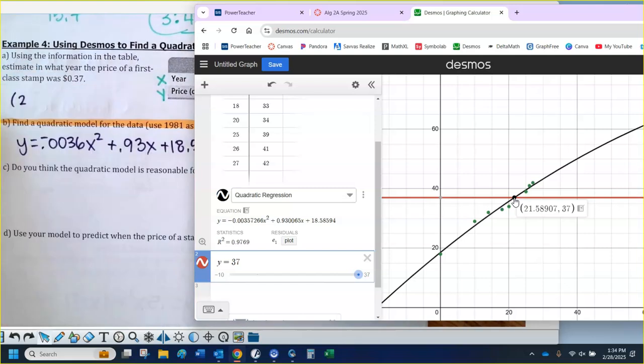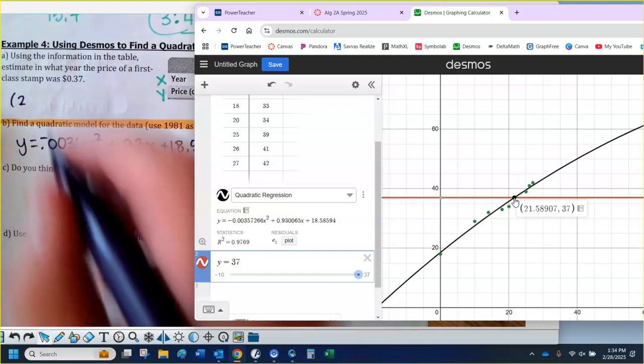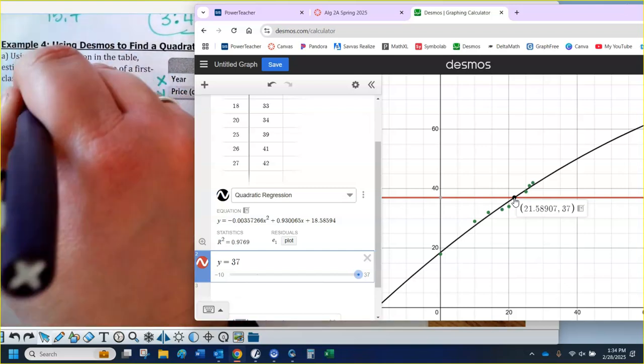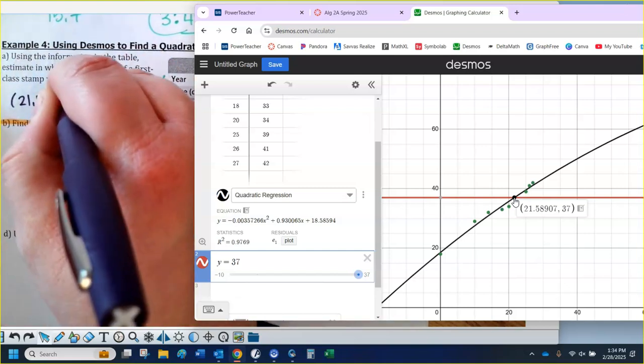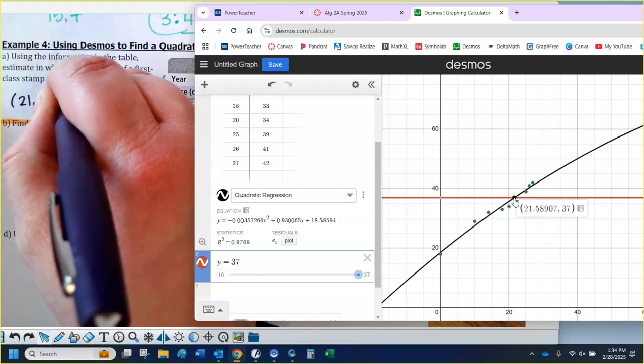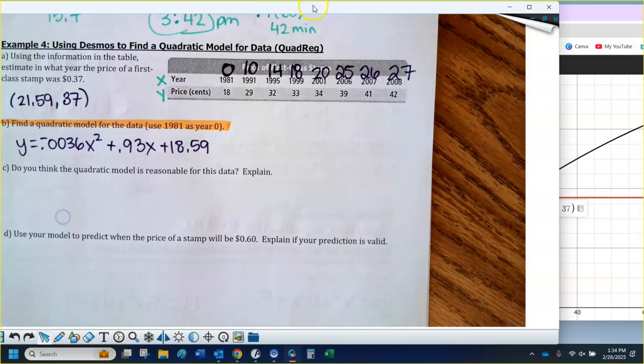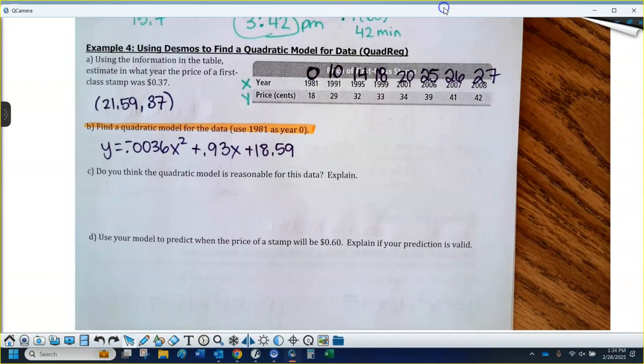So let me just jot this down. This would be, let's see, I've got 21 point, let's say 59 here. And then the price of the stamp was the 37 cents, right? How would you guys figure out what year that is? If I've got 21.59, what would you do to that to figure out actually what year it would be?